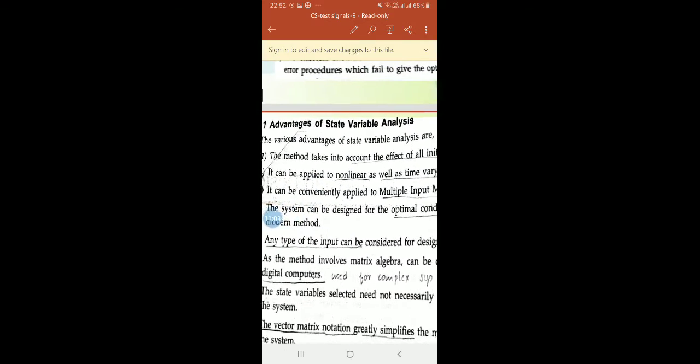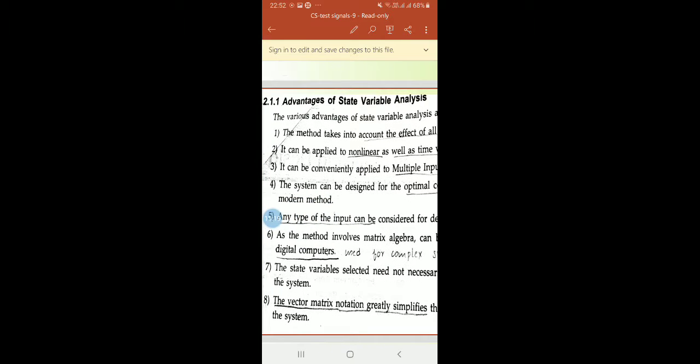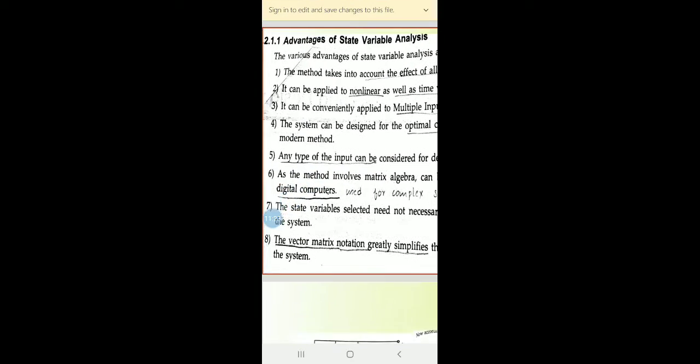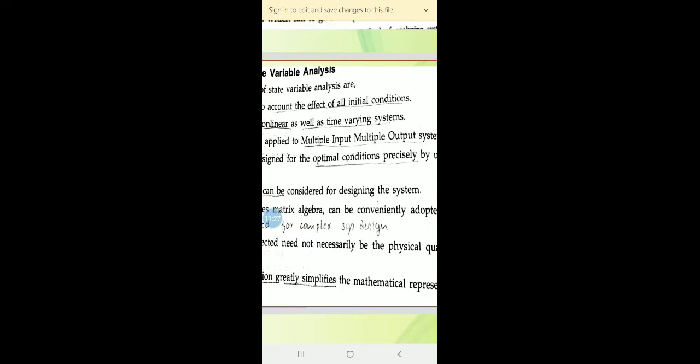The various advantages of state variable analysis are: 1. The method takes into account the effect of all initial conditions. 2. It can be applied to nonlinear as well as time varying systems. 3. It can be conveniently applied to multiple input, multiple output systems. 4. The system can be designed for optimal conditions precisely by using the modern method. 5.